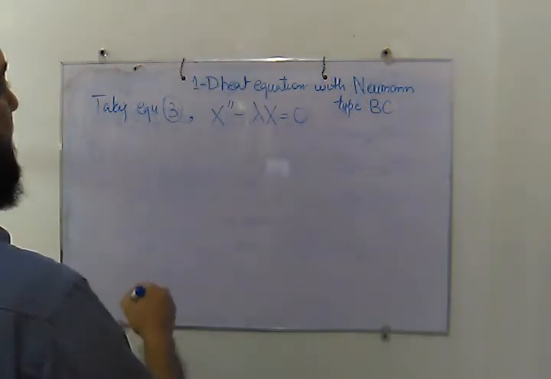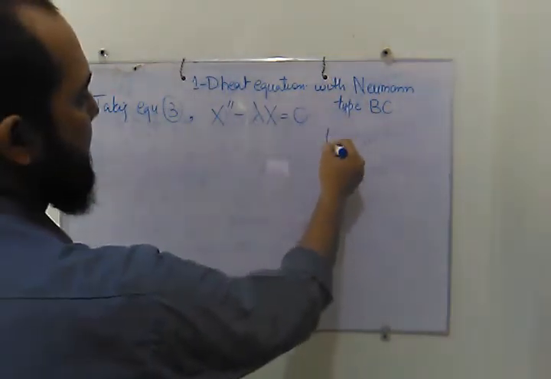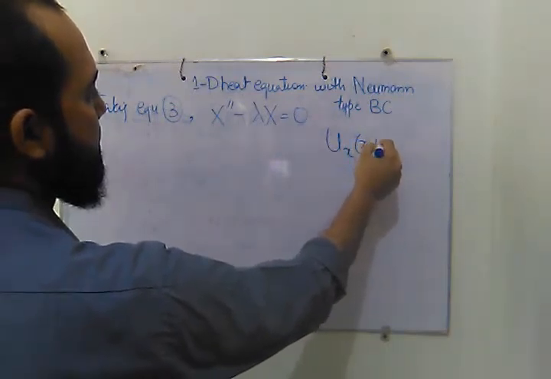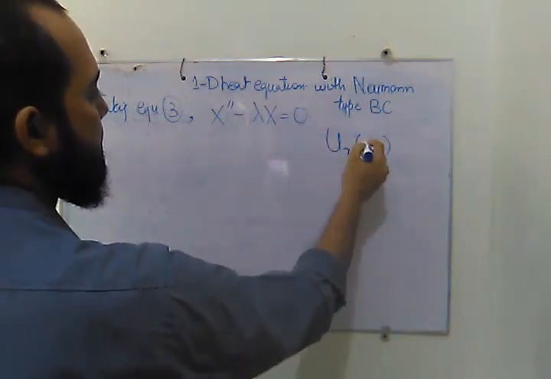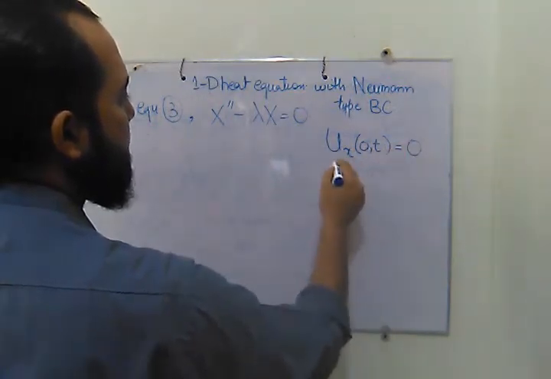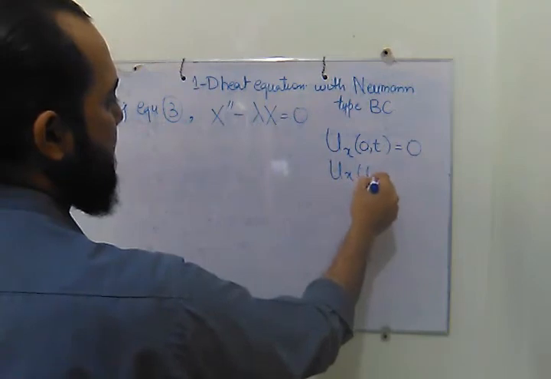Now we need the new boundary conditions. We have the old boundary conditions in the form of derivative. So these are the old boundary conditions.